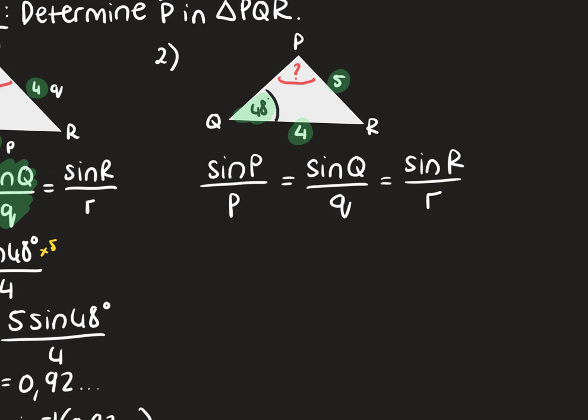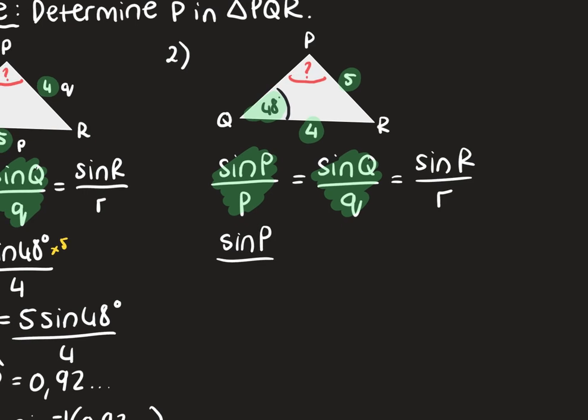Okay, let's put in. Which ones are we going to use here? The ones that we have the information for are the P's and the Q's. So we're going to use those two fractions. So we're going to say sine of P over 4 equals sine of Q, which is 48 degrees, over Q, small q. Remember, this is small q, this is small p, this is small r, and that's over 5.